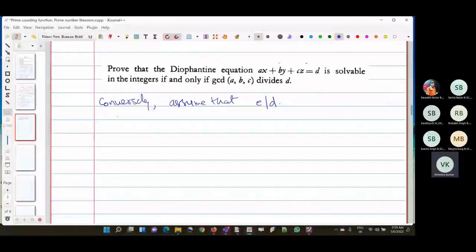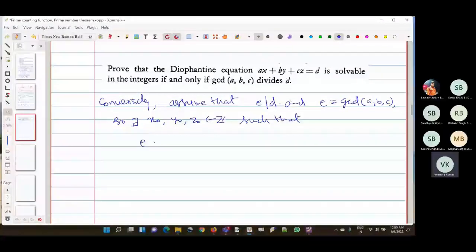So e divides d, and e is the greatest common divisor of a, b, and c. So there exist integers x0, y0, z0 such that e = a x0 + b y0 + c z0.